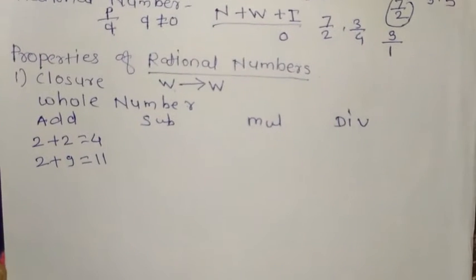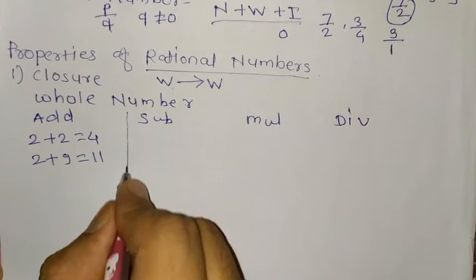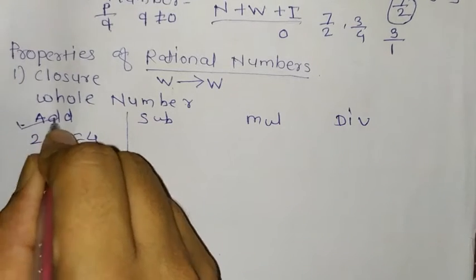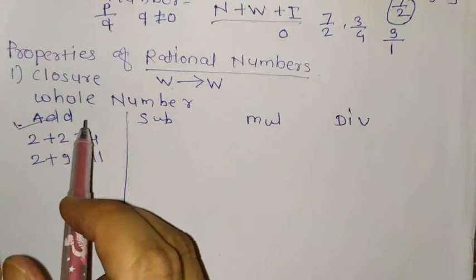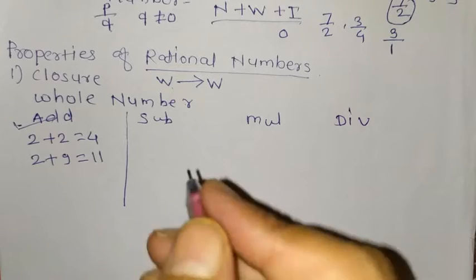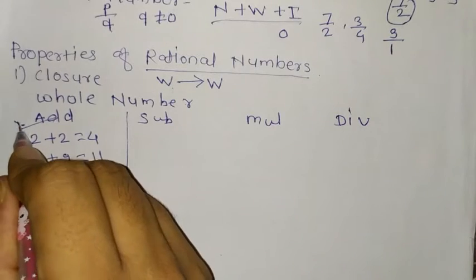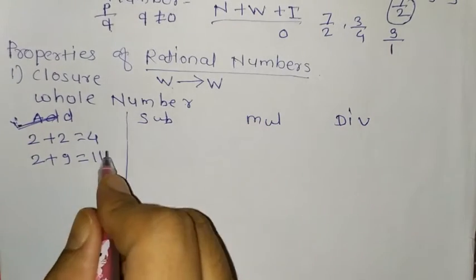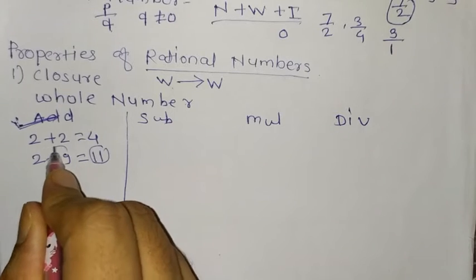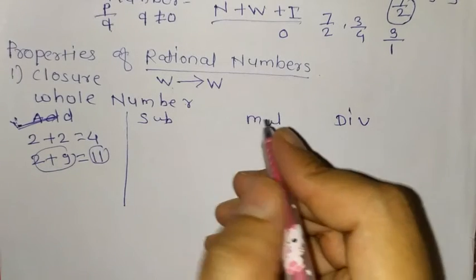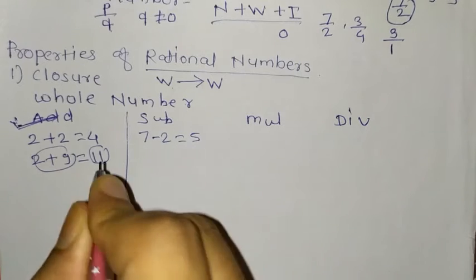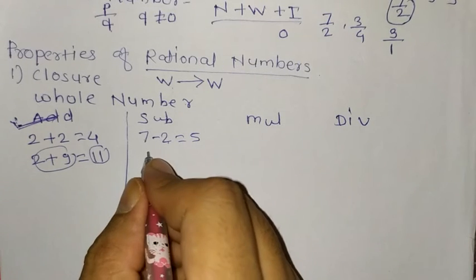So we always get a whole number in the result, which means the addition property is fulfilled under closure. I am using the right symbol because it is justified: in output we get a whole number, and in input we use whole numbers. Then in subtraction, 7 minus 2 is 5. We are getting a whole number, both are whole.